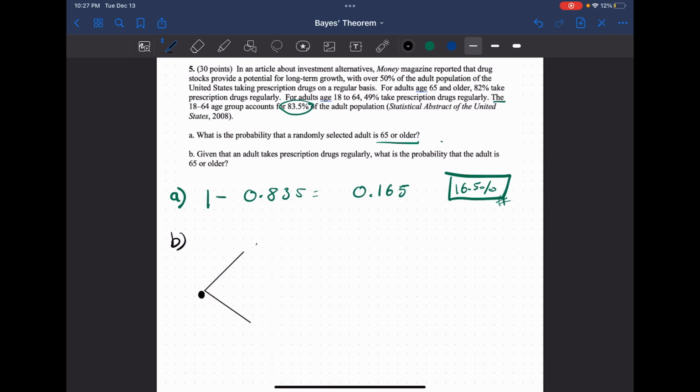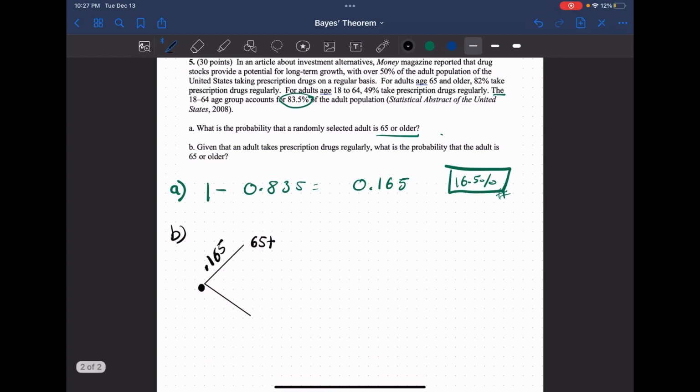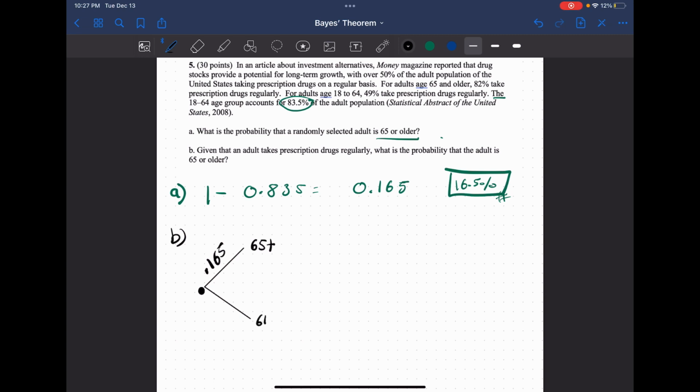Now, for ages 65 and above, let's write 65 plus. It has a 0.165 chance of happening, and 64 below is at 0.835, and we'll just branch it out.